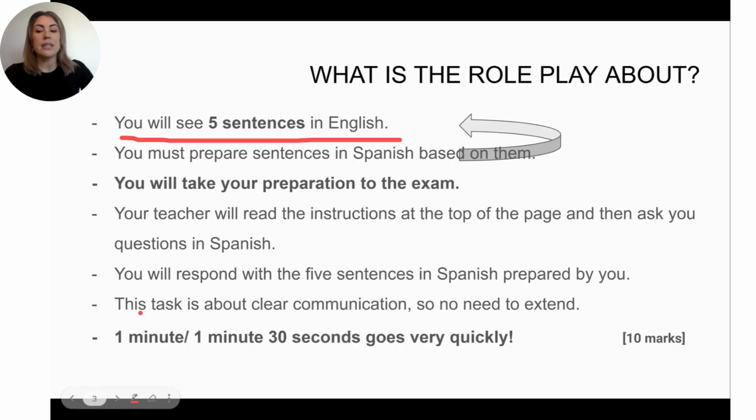Now this task is not about showing off your Spanish, so all that matters is clear communication, sticking to the script, so no need to extend. It is 1 minute, 30 seconds. There's no minimum amount of time. So it could also go like, in 50 seconds done. That's fine.